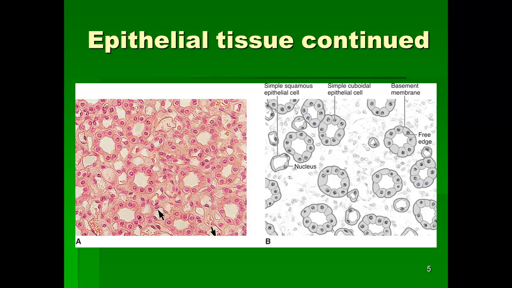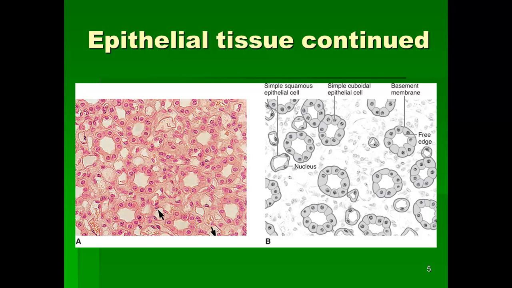If you look at this micrograph, they also show, if you were to take a slide of the tissue and try to identify the types of cells, you can see on a crosscut a free edge. That term, free edge, would be the apical surface of that particular group of epithelial cells.